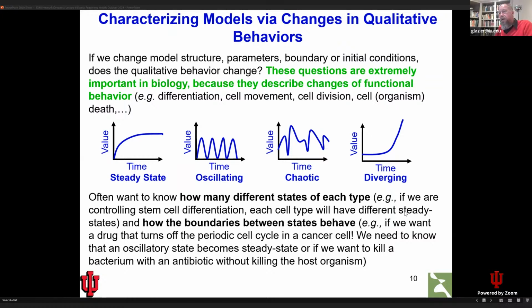And if we want to stop the cell cycle, we might want to have some chemical manipulation or other manipulation of the system that turns the cell cycle oscillator off, moves us from an oscillating to a steady state situation. Alternatively, we might want to have something that kills the cell, in which case we might want to go from an oscillating to a divergent solution.